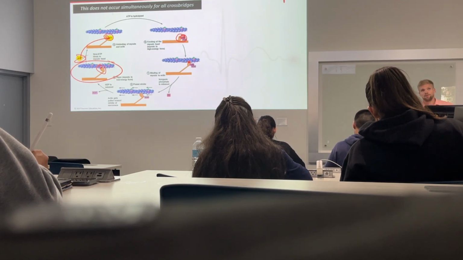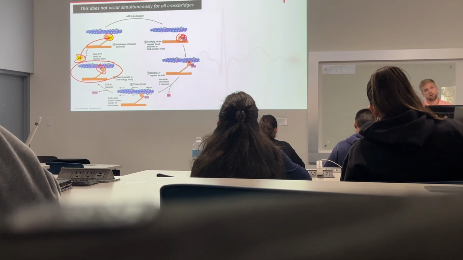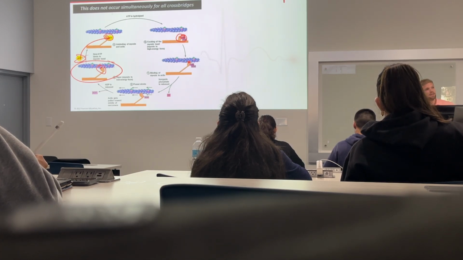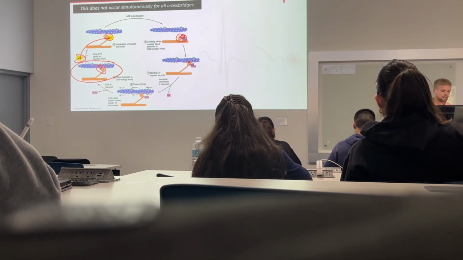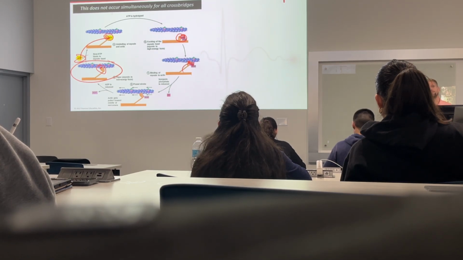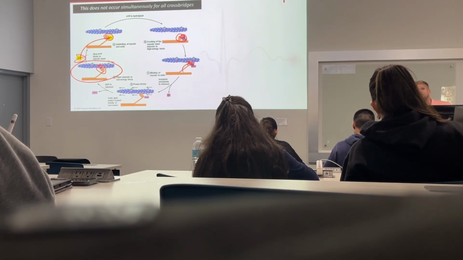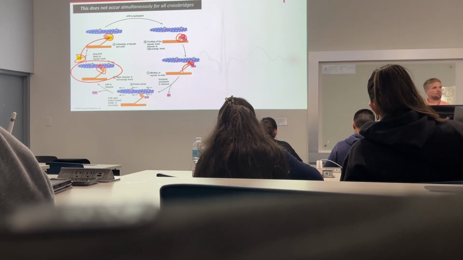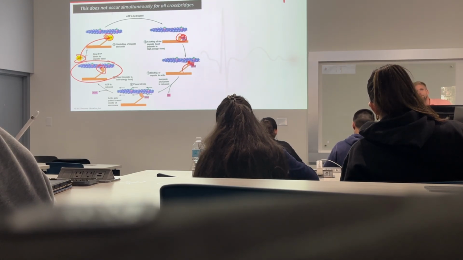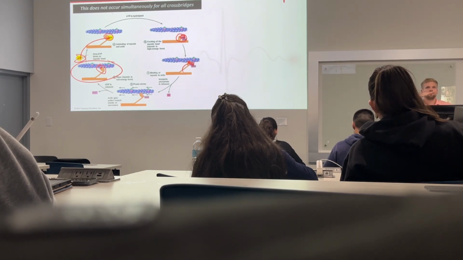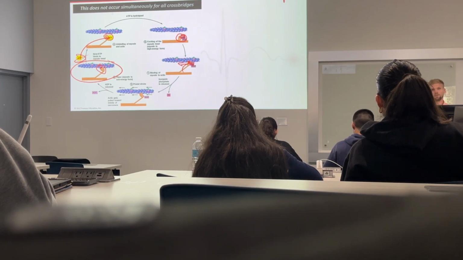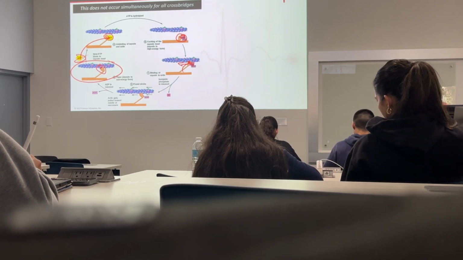And the next thing that happens is what's referred to as the power stroke. The myosin head becomes dephosphorylated. The phosphate group exits. So now the myosin head loses that phosphate group, and the loss of the phosphate group causes the myosin head to swivel towards the M line.